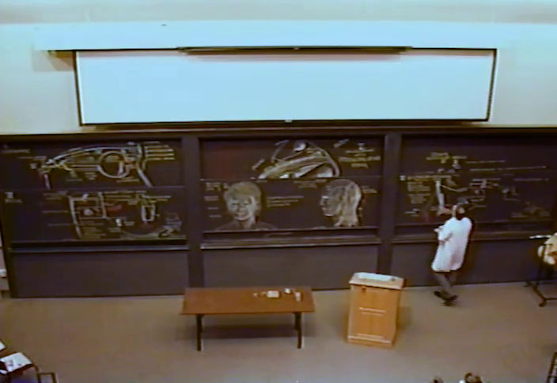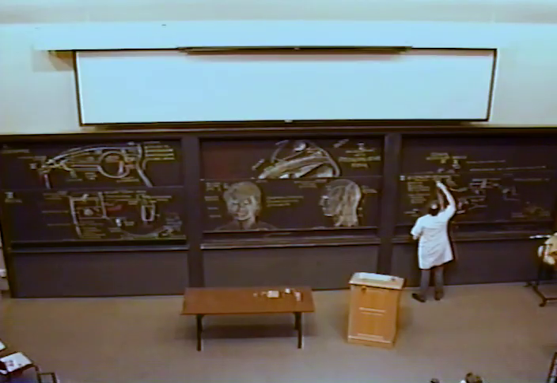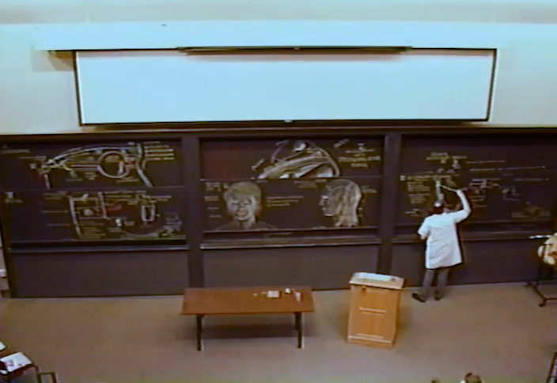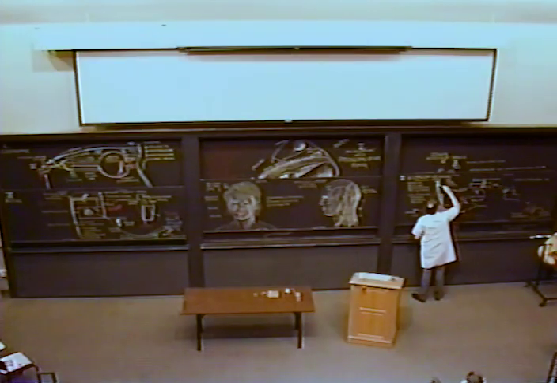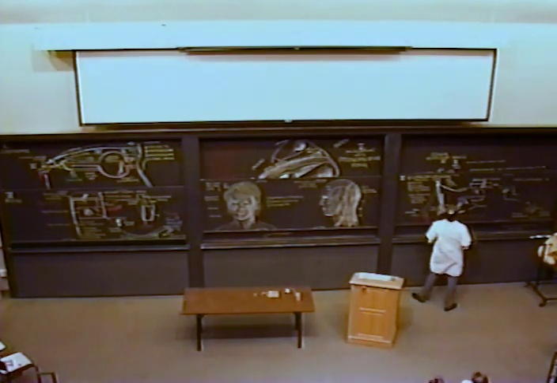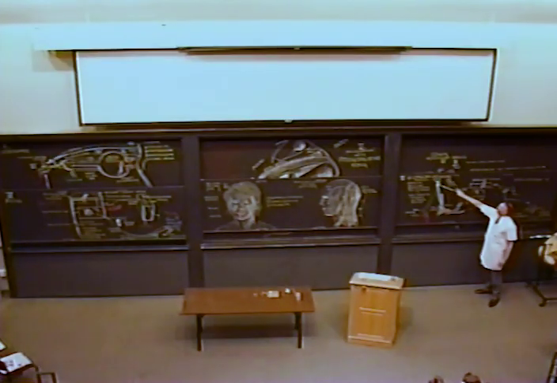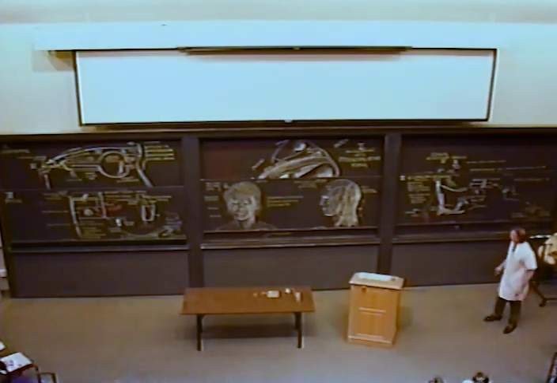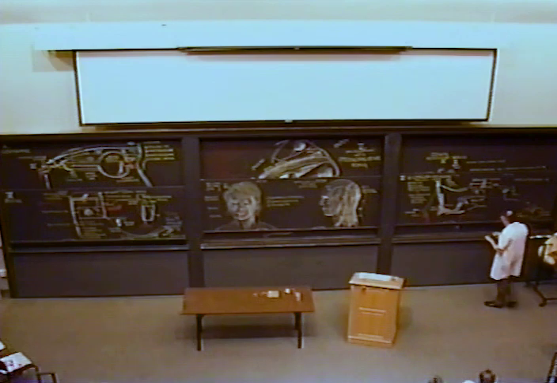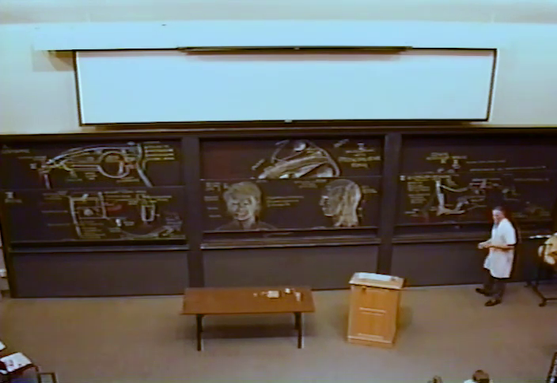They are accompanied by sensory fibers. This is the so-called Jacobson's tympanic nerve, the tympanic nerve of Jacobson. This inferior tympanic canaliculus conveys the tympanic nerve of Jacobson into the middle ear.